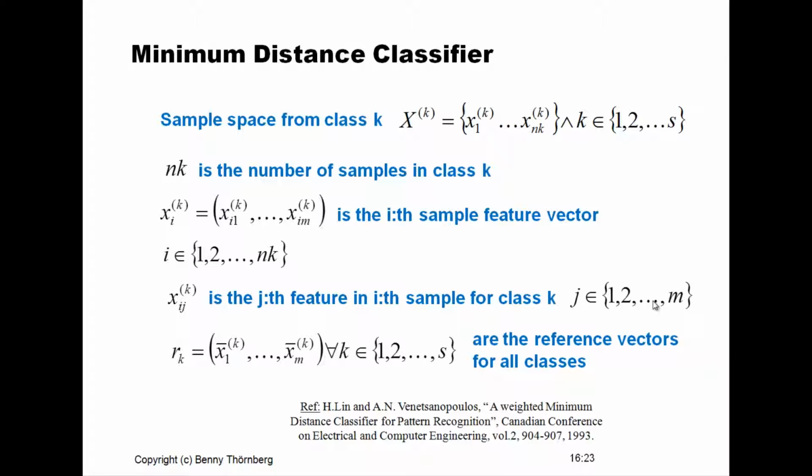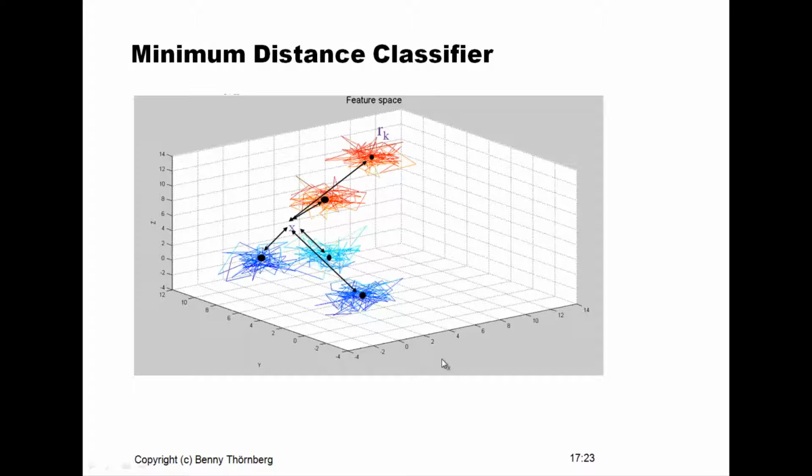So it's a mean value for each one of the features computed over all the feature samples, and it's computed for all the classes k belonging to 1 to S, class number S. As I will show you on this picture, this reference vector R_k corresponds to the centroid of each one of the classes, where k is indexing the class.